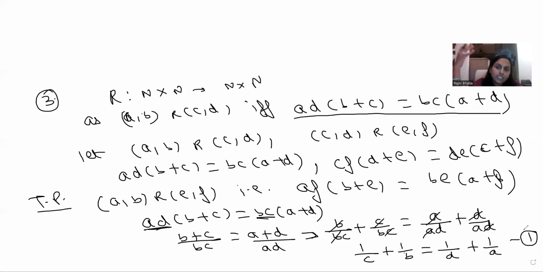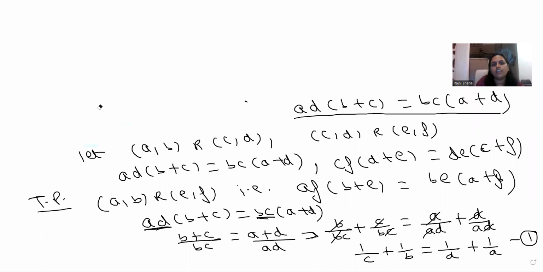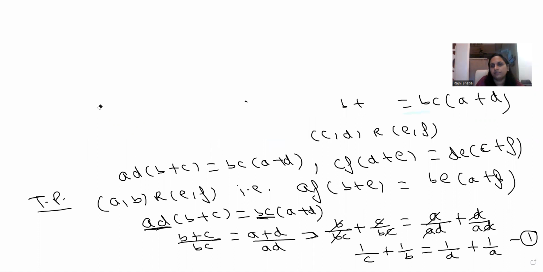Again, we are going to do the same thing with the second equation that we have. That is CD is related to EF. With CD related to EF, we are going to do the same thing.